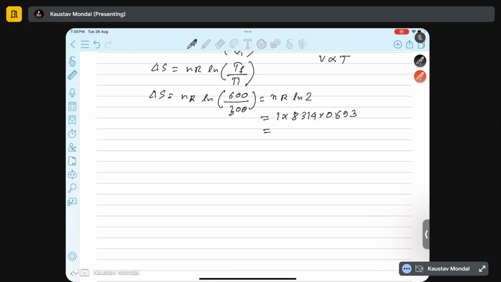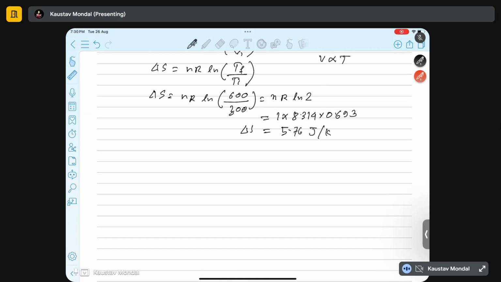This basically gives you, let me calculate. 8.314 into 0.693, this gives you 5.76. Okay, so 5.76 joule per Kelvin.